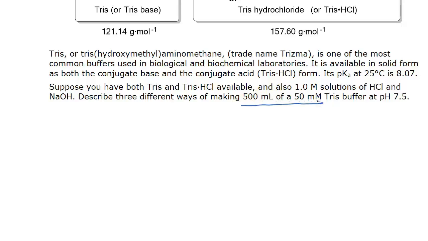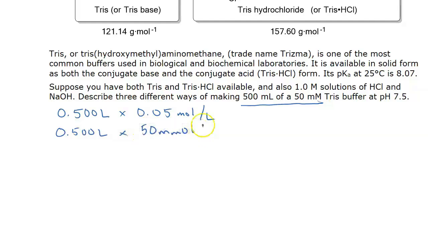Now we could convert that into liters and molar if we want to. 500 milliliters would be 0.5 liters, and 50 millimolar would be 0.05 moles per liter. But you can also take your 0.500 liters and just multiply it and keep that in millimolar, because 50 millimolar is going to be 50 millimoles per liter, and that's going to be 25 millimoles.